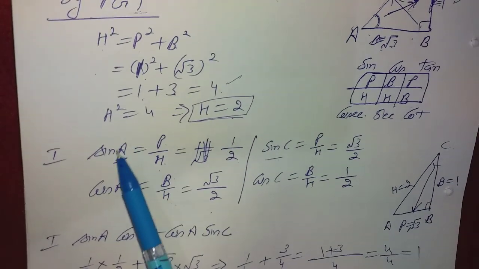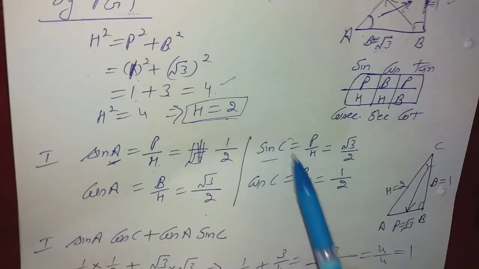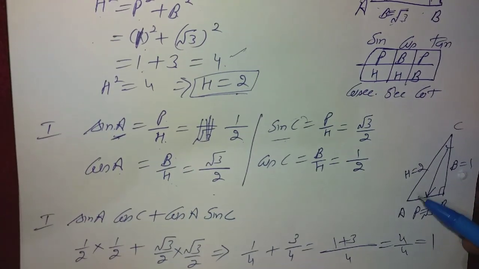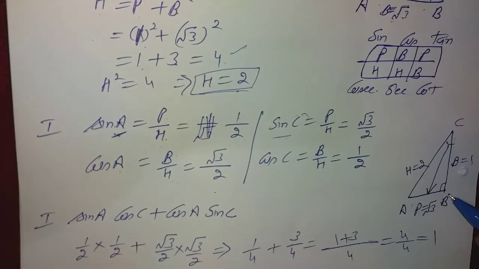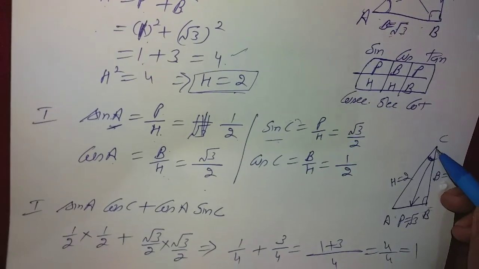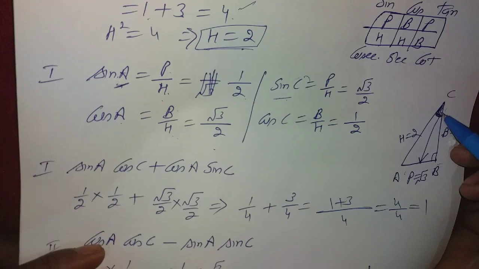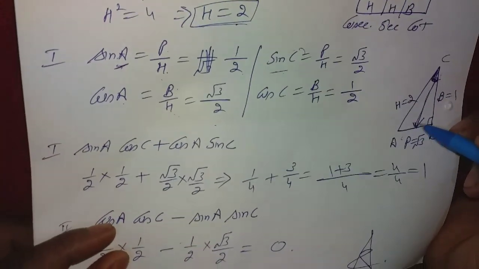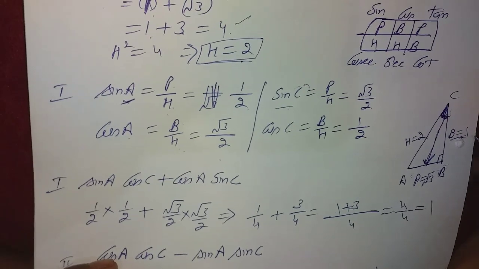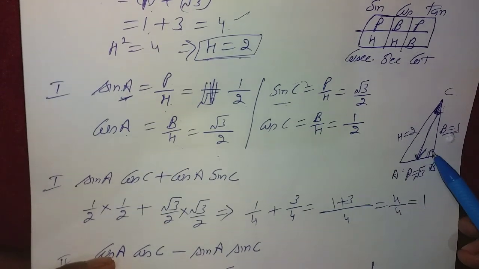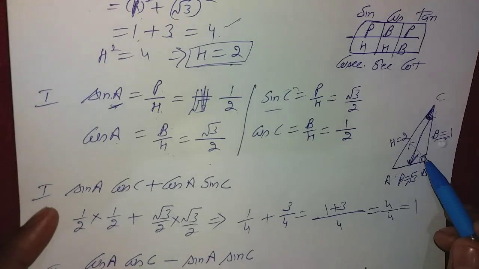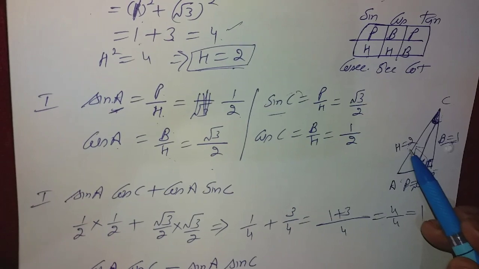And the same for sine C. So the angle here is A and here is C. Some things are different from this, so we will draw the triangle ABC again. The main angle here is C. So its opposite side is the perpendicular and its adjacent side is the base. The base is 1, and opposite to the right angle is the hypotenuse.